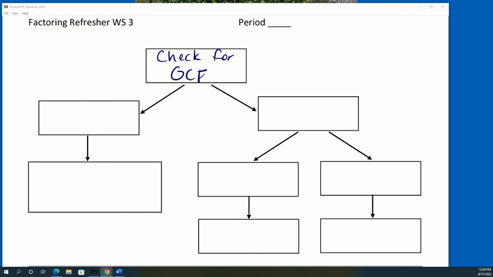And then one of two things is going to happen. You're either going to have 2 terms or you're going to have 3 terms.